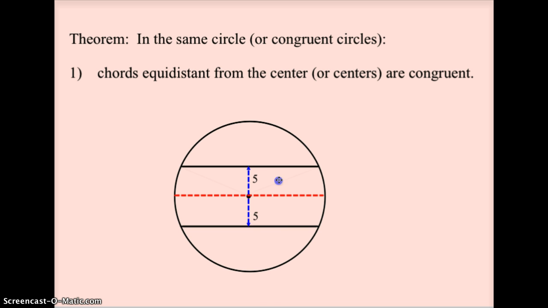Also, I can again come up with these radii. Those radii will be congruent. Same thing in the bottom triangle. So therefore, this chord and this chord are congruent.